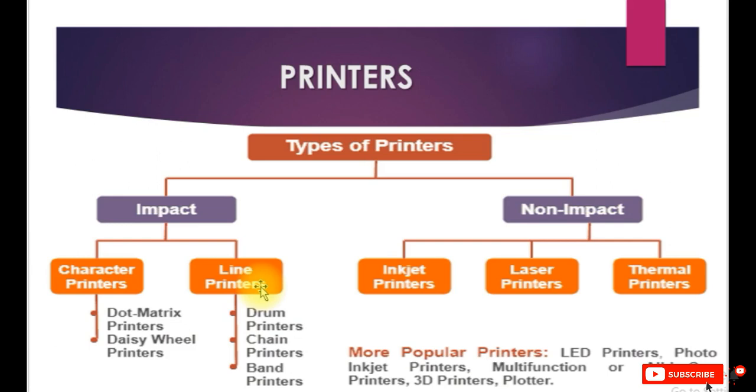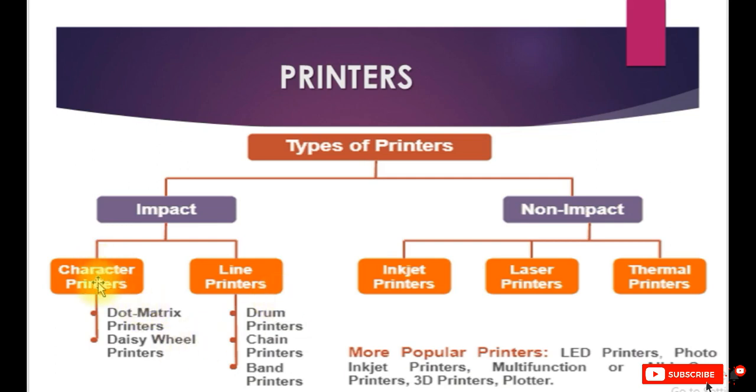And then we have line printers, which actually print by producing a line at a time. And then we have the page printers, which is where we are now in terms of technology. It is where the printer will print one page at a time. So that is the difference between the different types of printers in terms of the print speed, in terms of how they print. So they may print per character, or per line, or per page.